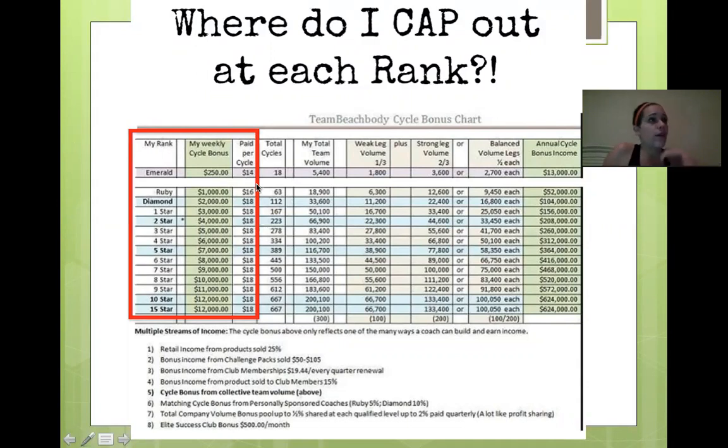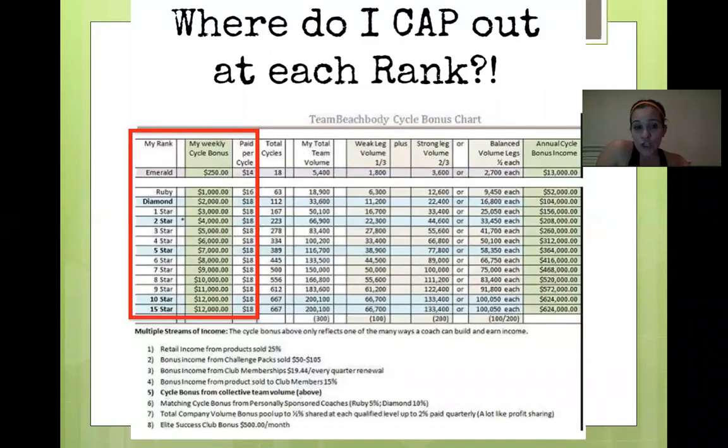So let's say you have a lot of coaches. You're emerald, you have a lot of coaches on either leg, but you don't have an emerald on each leg, so you're not diamond, okay? And you have these huge volume numbers, but you're emerald.